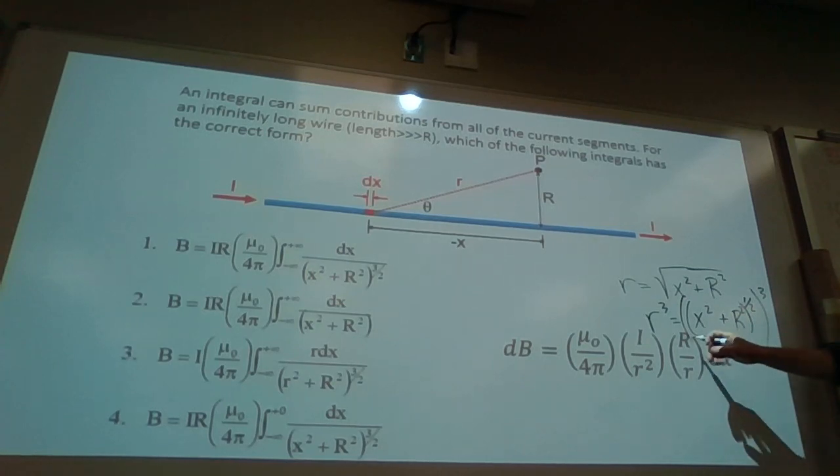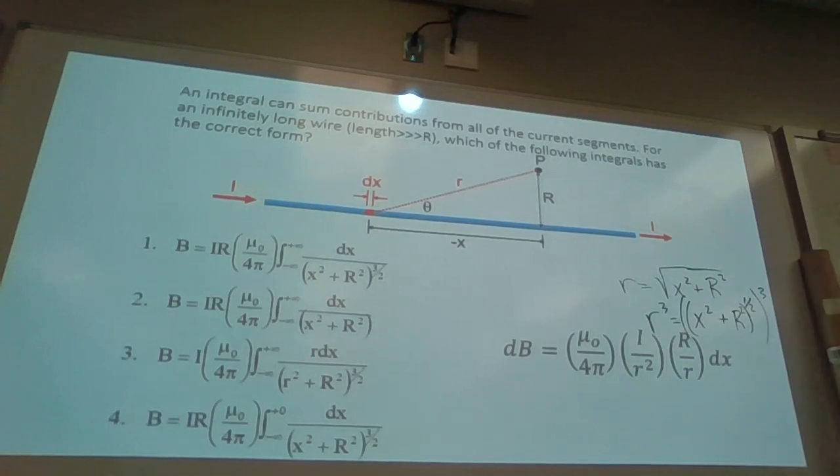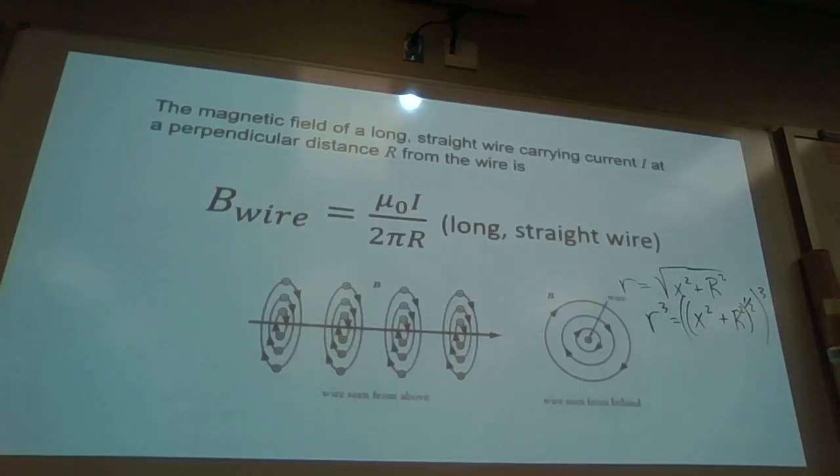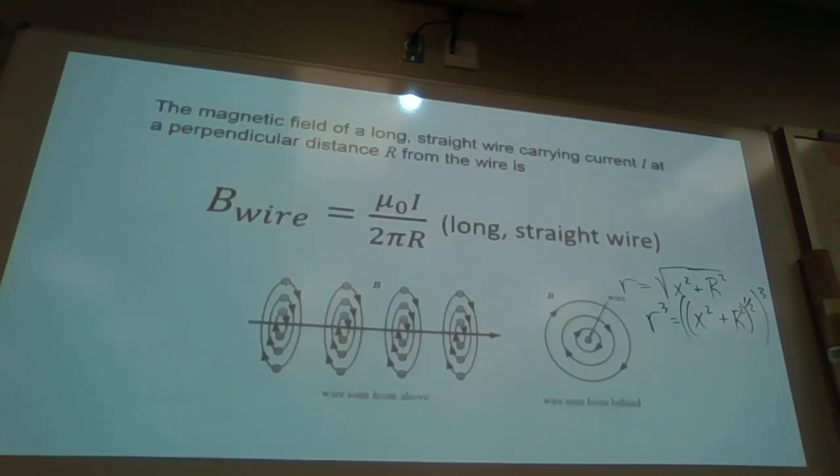There we go. And then the I and the r come out. Yes. Okay. So if we integrate this, we end up with this. We don't need to, because we're going to use Ampere's law to do the shortcut. Ampere's law to get this is super crazy easy. We could go through all the calculus like I made you do with static electricity. Not necessary. You've already gone through that. Okay.